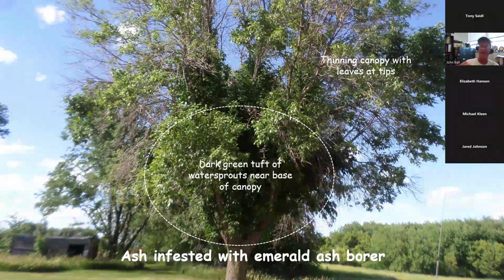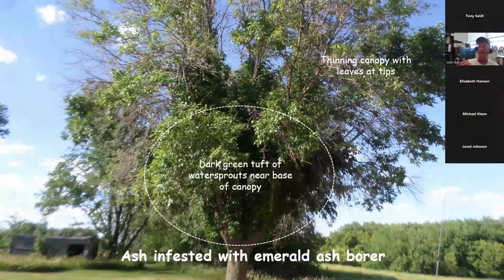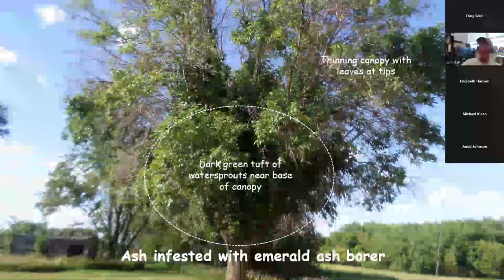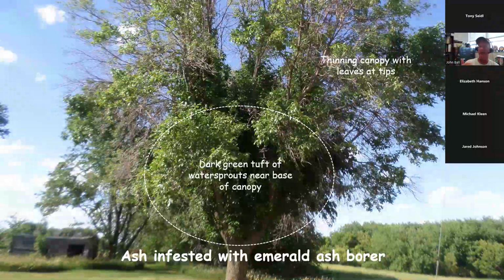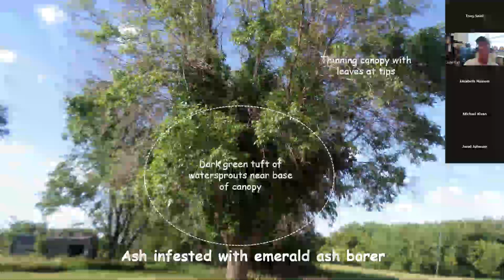Now, right now, some of the ash are breaking bud a little bit later. South Dakota right now is experiencing everything condensing. I'm seeing everything from magnolias to lilacs in bloom at the same time. Not something we typically see. And so plants are just breaking bud in unpredictable ways and times.